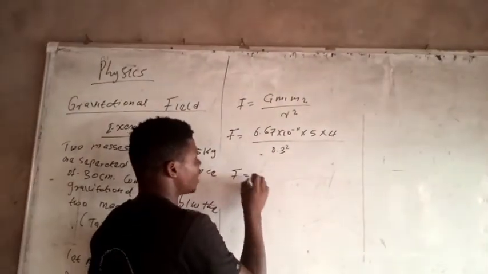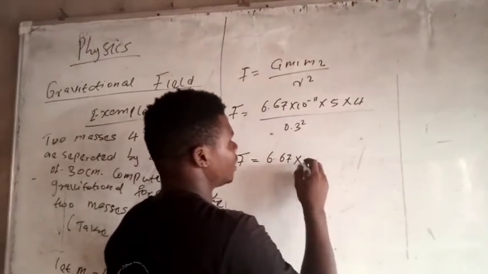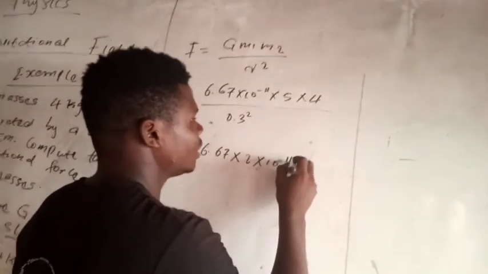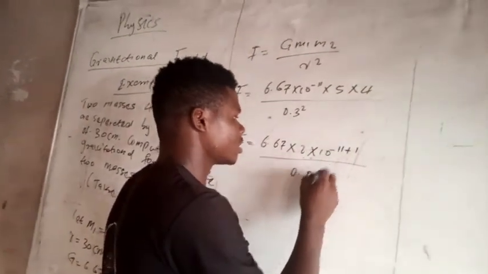This is equal to F equal to 6.67 times 2 times 10 raised to the power minus 11 plus 1 all over 0.09.